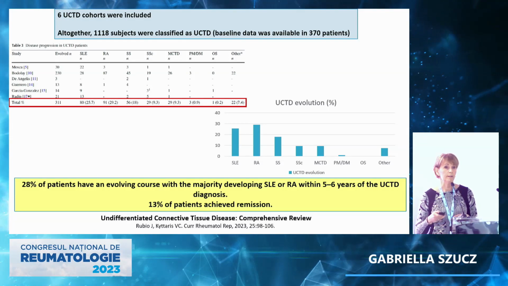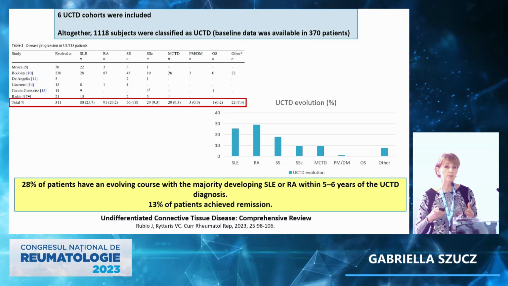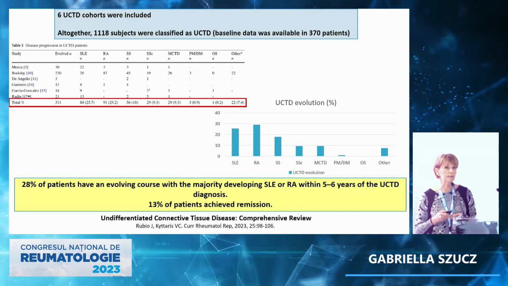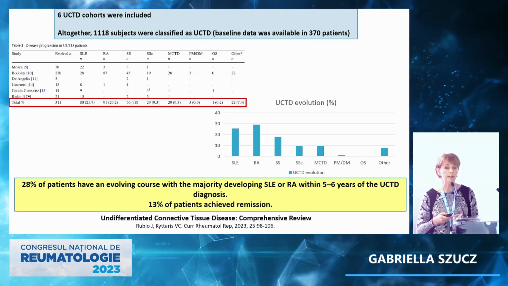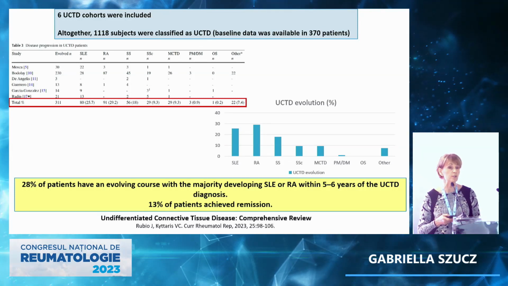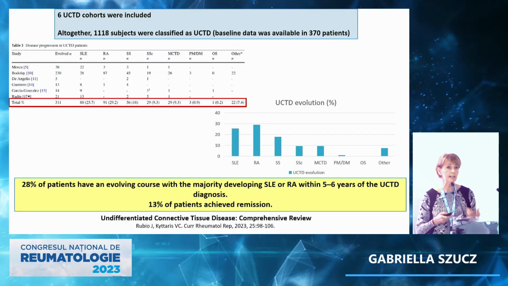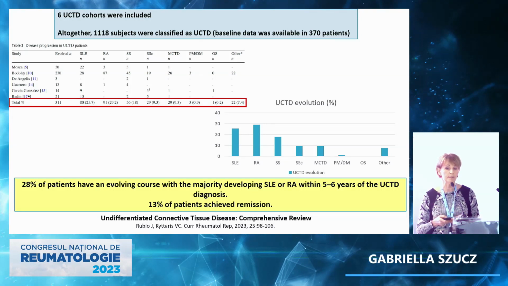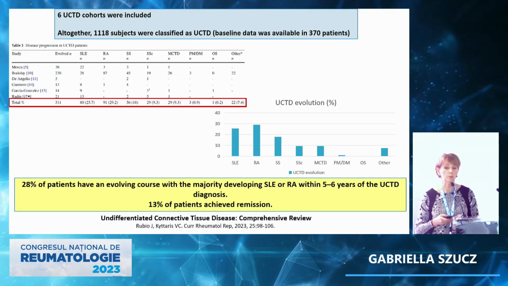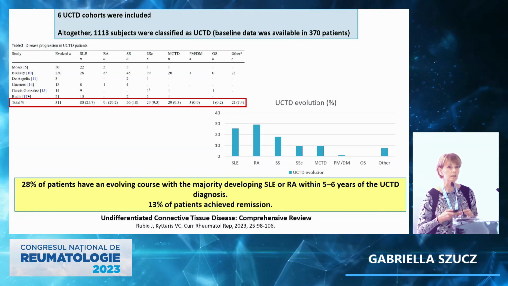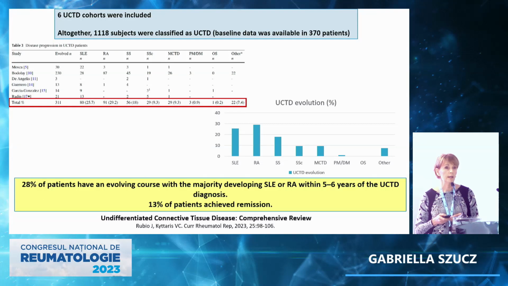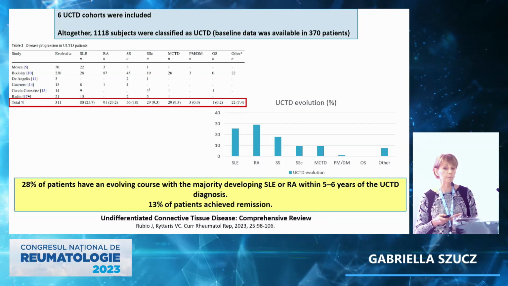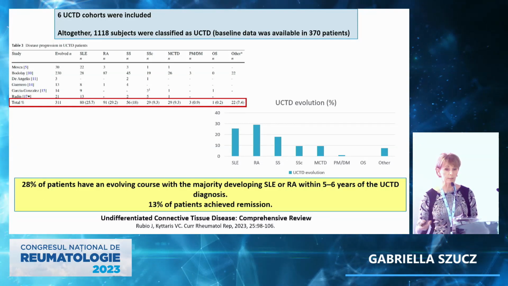And the results showed that 28% of the patients have an evolving course, with the majority developing SLE, rheumatoid arthritis, or the third one, Sjögren's syndrome, within 5 to 6 years of the UCTD diagnosis. And 13% of the patients achieved remission.